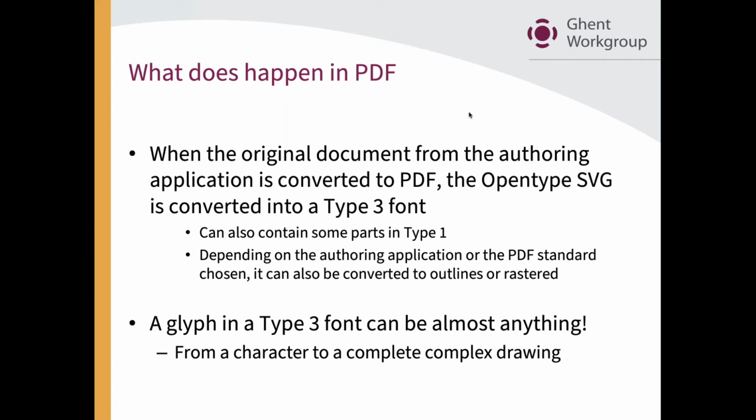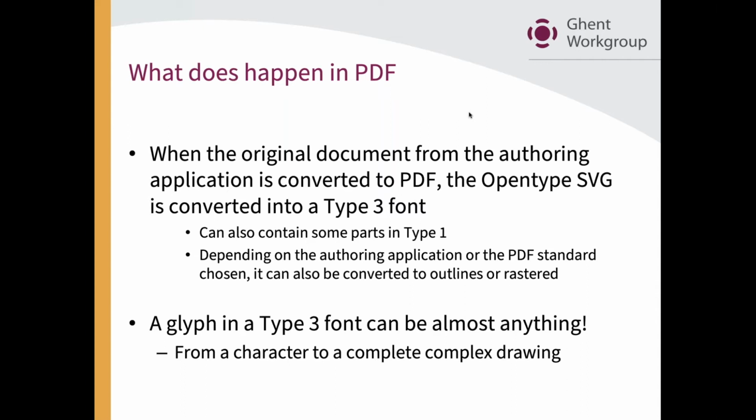Depending on the authoring tool, the way you're making your PDF, or the PDF standard you're using, you can also have other results, like the text being converted into outlines, which is what is going to happen if you do a PDF/X-1a.